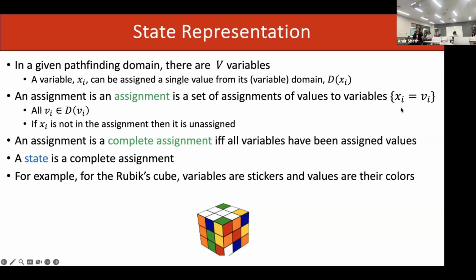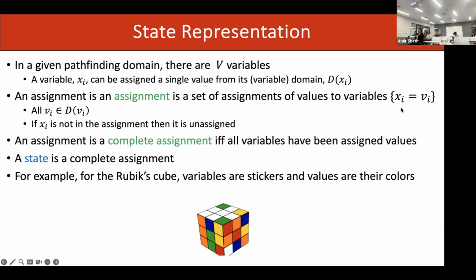Okay, so let's then zoom in on the Rubik's Cube and see how we do this with the Rubik's Cube. So the way we're going to represent the state to allow us to specify not just any state, but a set of states, is we're going to assume that we know all the stickers, where they are, so there are 54 stickers.